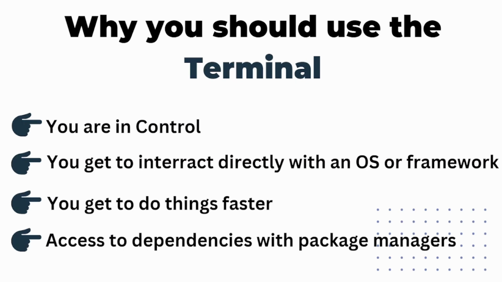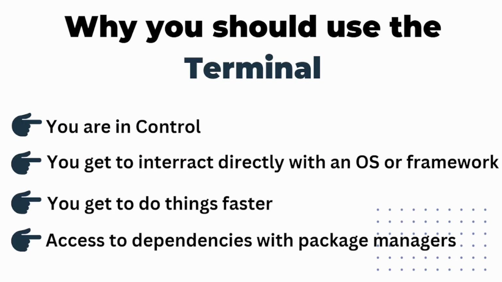So there are a lot of things that are not even available in the Git GUI that you can easily do with your terminal. Another thing is that you get to interact directly with your OS or a framework you are using. So when you use the terminal, like maybe CMD on Windows, what you are doing is interacting directly with Windows, with your OS. And that's the reason you have to be careful, because whatever you do can have a long lasting effect on your computer.